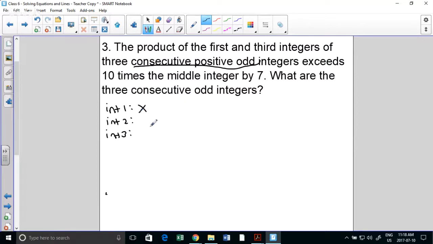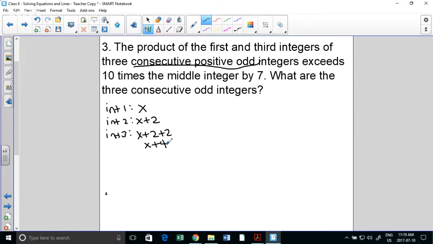So if I call this x, how do I get to the next one? I'm going to add 2, right? Because that's how we get from 5 to 7. We add 2. Then I take the next one, go from here to here, I add 2 again, meaning I have x plus 4. So those are my integers: x, x plus 2, and x plus 4.